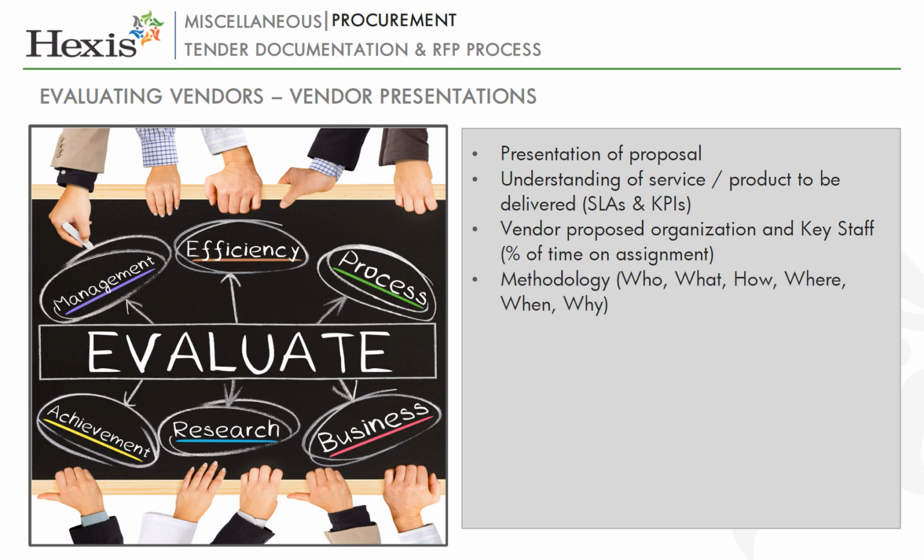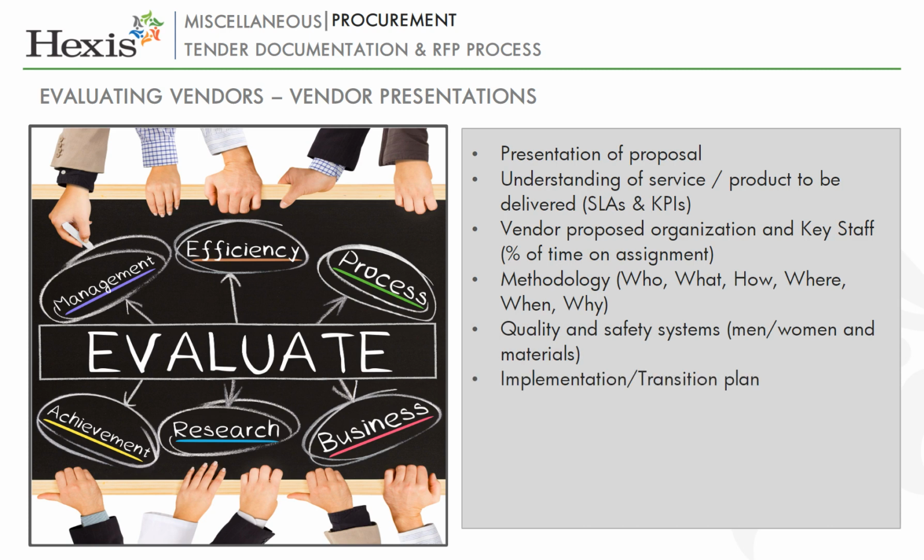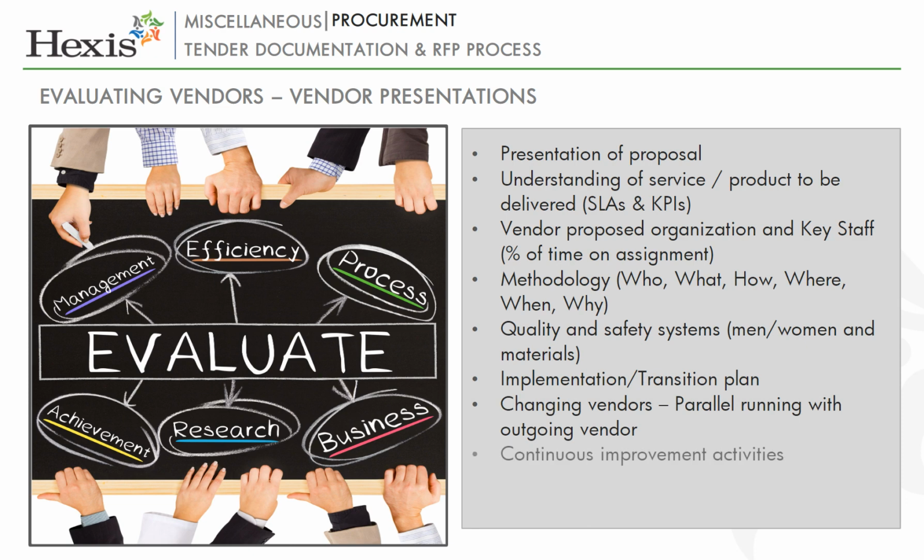Methodology: who, what, how, where, when, why. Quality and safety systems: men, women and materials. Implementation or transition plan: changing vendors, parallel running with the outgoing vendor. Continuous improvement activities: how will the vendor work with us proactively?